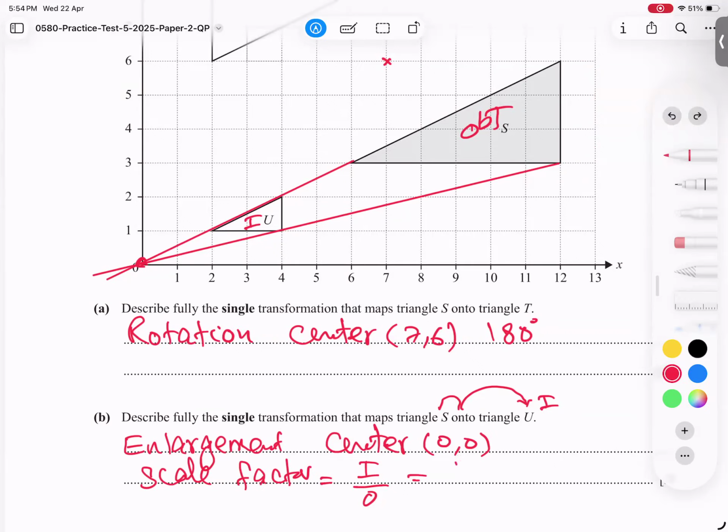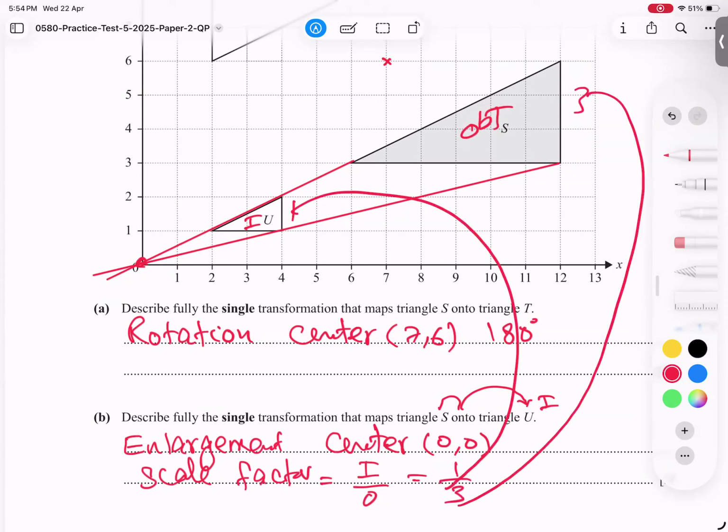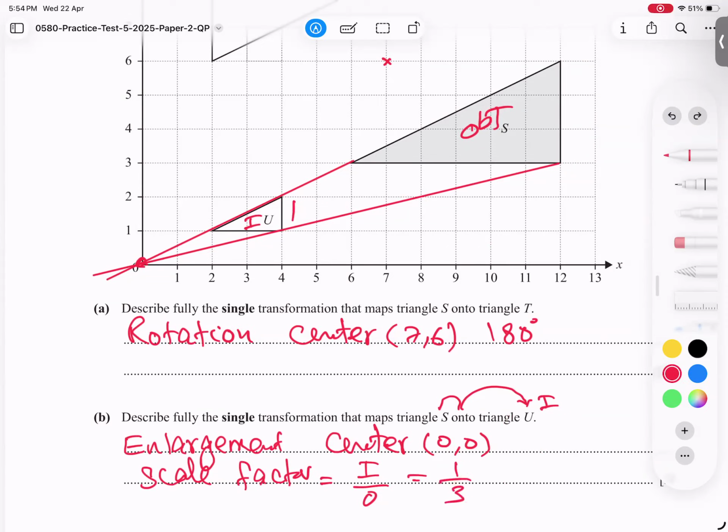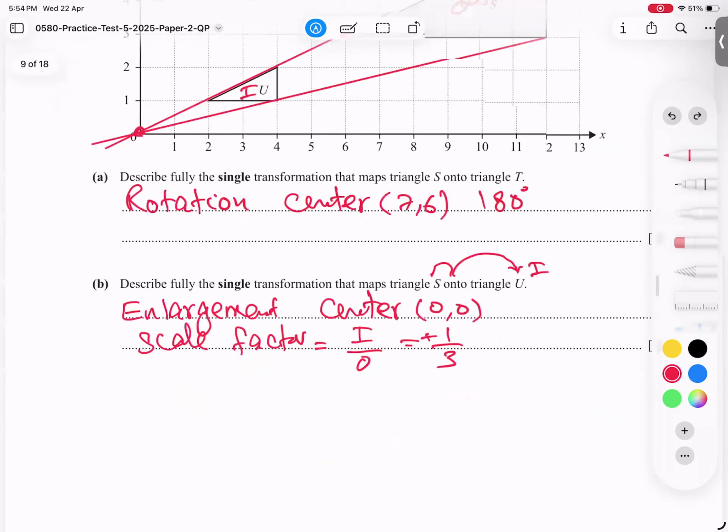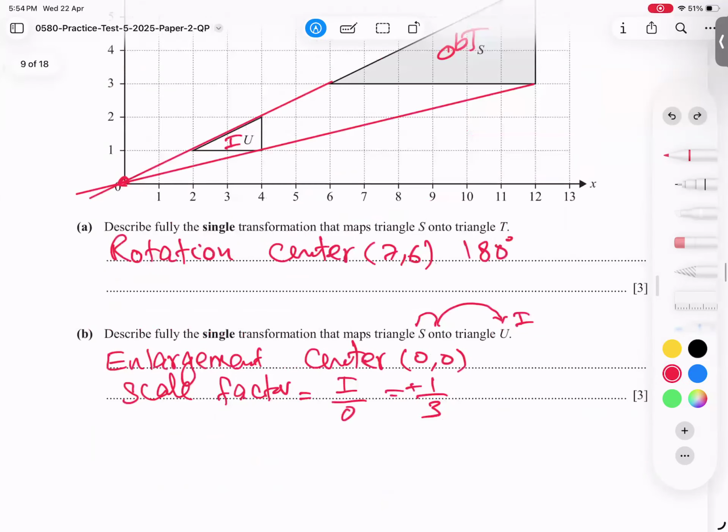Image is 1 and this is 3. So this 1 comes up and this 3 goes down, because we must know where is the object and where is the image. The center is on one side, that is why positive. But if the center comes in the middle somewhere, we must put negative. I think the point is very clear, and this question is over. Let's go for the next question.